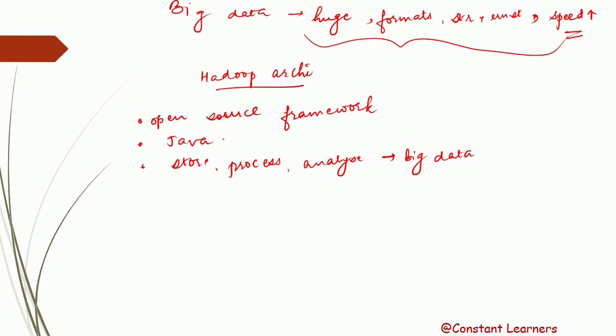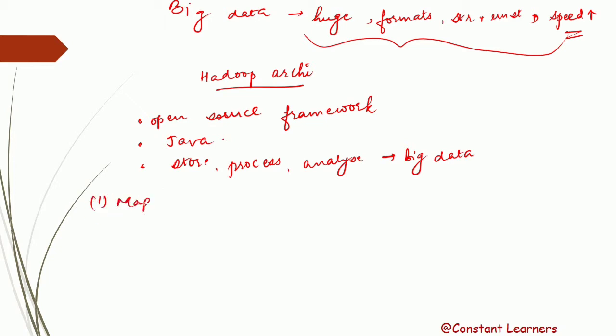Okay, so Hadoop is useful for all of this, and Hadoop is so efficient in analyzing big data that in today's times it is used by most of the big companies like Google, Yahoo, Twitter, Facebook, LinkedIn, etc. Okay, now Hadoop consists of four main components. What are the four components?